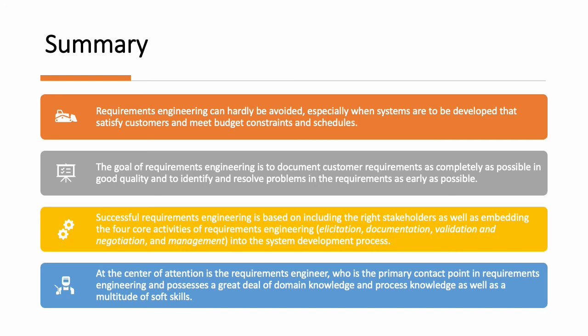The third, successful requirement engineering is based on including the right stakeholders as well as embedding the four core activities of requirement engineering, elicitation, documentation, validation, negotiation, and management, into the system development process.